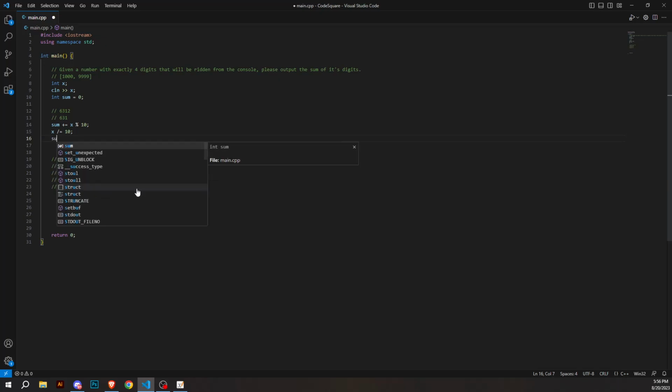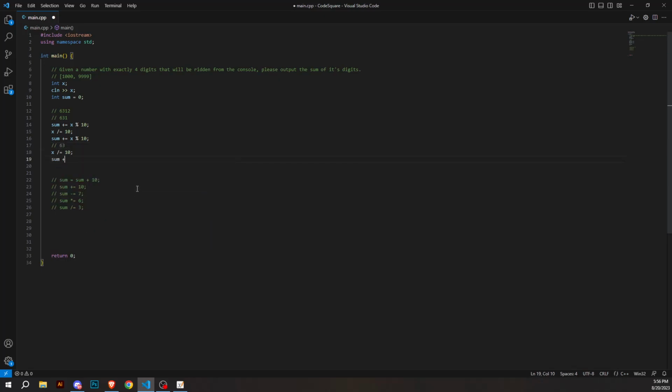And now we actually can repeat this again. Sum plus equals x modulo 10, because now x has another value. And now you guessed it, we can do this again. So we get rid again of the last digit. Okay, now it's actually becoming 63.